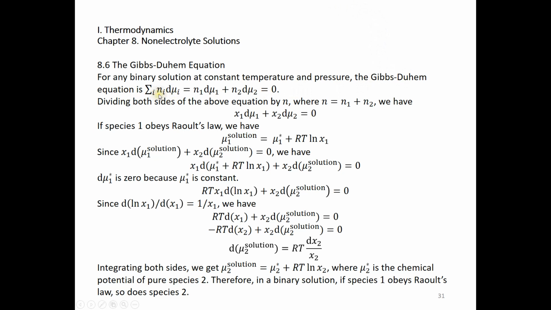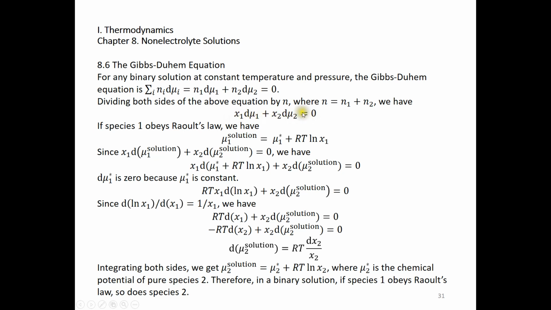The sum of Ni d mu i is equal to N1 d mu 1 plus N2 d mu 2, and this is 0 if we have only two components. We can then divide both sides of the above equation by n, where n is N1 plus N2, and then we get this equation: x1 times d mu 1 plus x2 times d mu 2 is always 0.